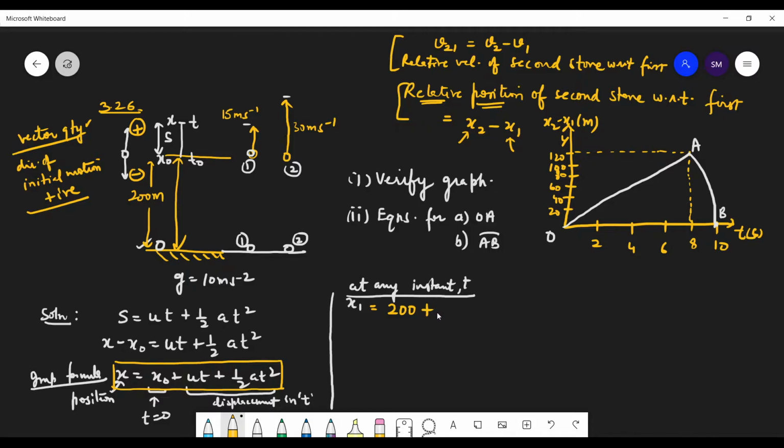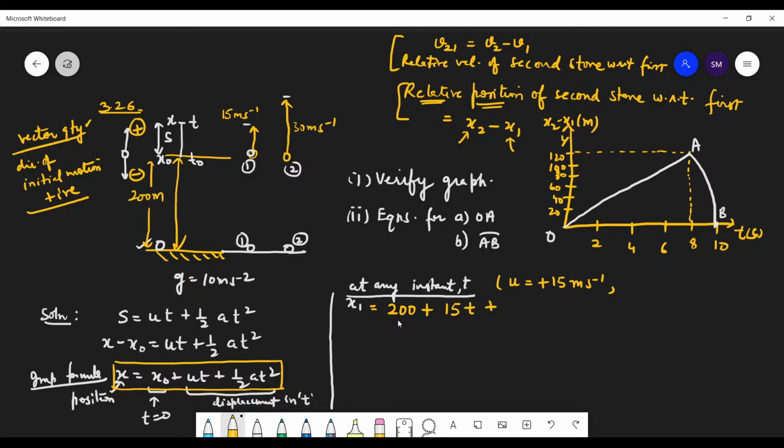Plus, what is the initial velocity? 15 meter per second, at time t. Plus. So now see here, the magnitude of u is 15 and the direction is upward, and upward direction we have taken positive, so u is plus 15 meter per second.